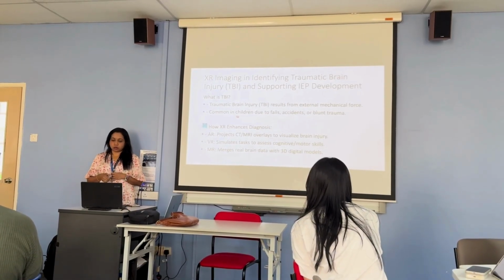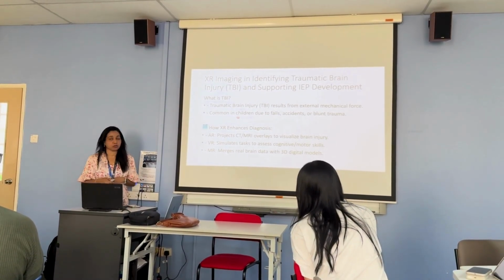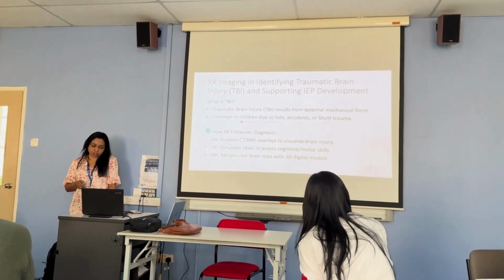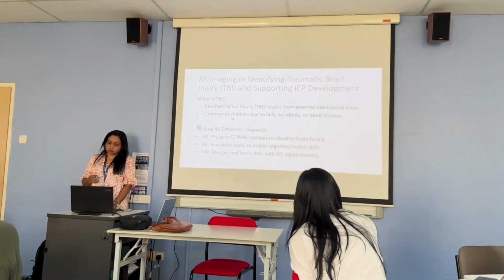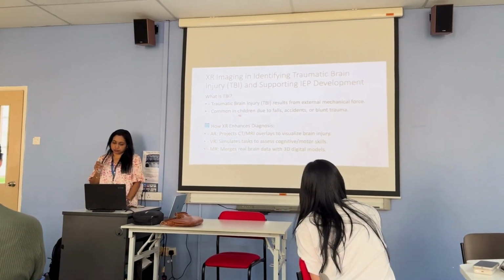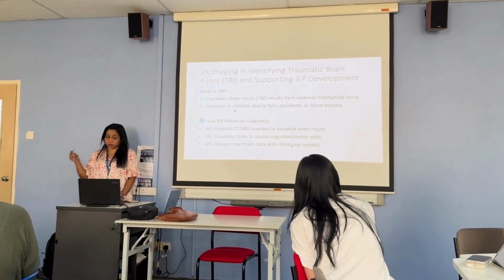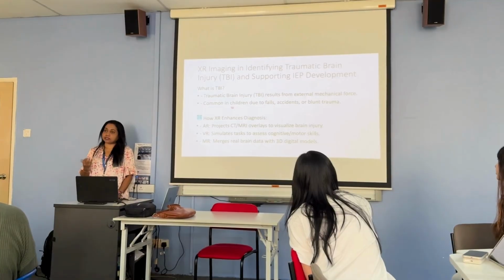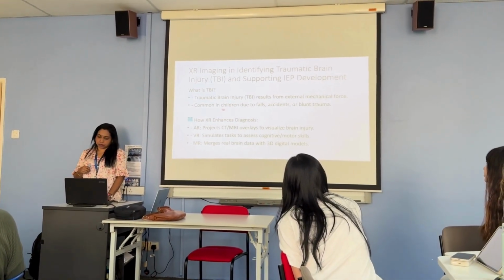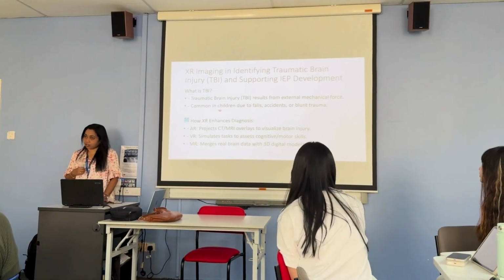So what is TBI? Anyone knows what is TBI? Traumatic brain injury. Quick definition: TBI is injury to the brain caused by external mechanical forces. In children it's very common.